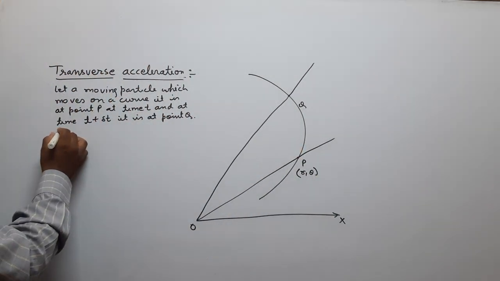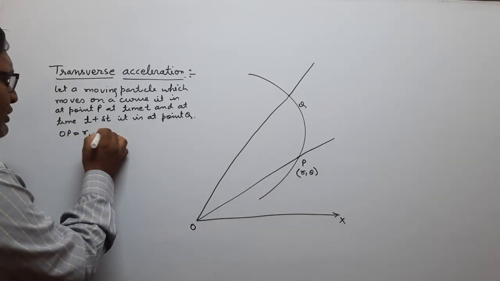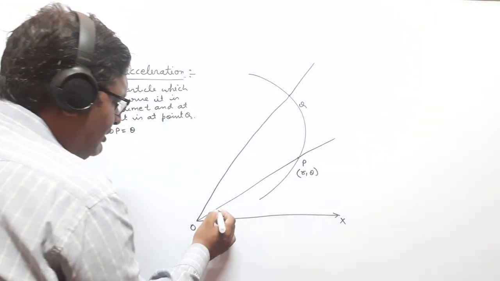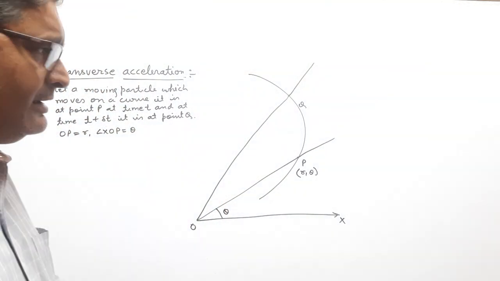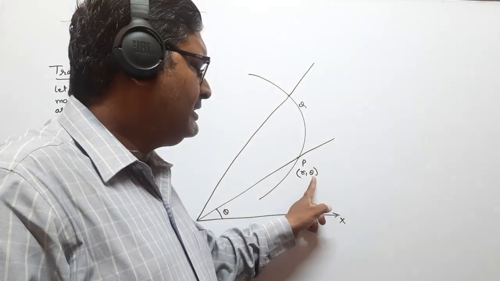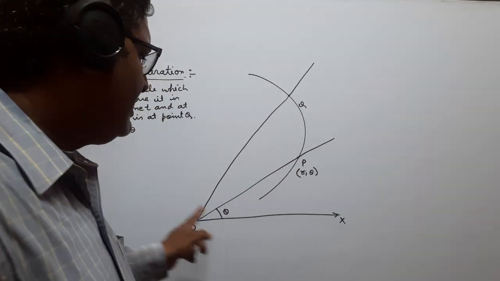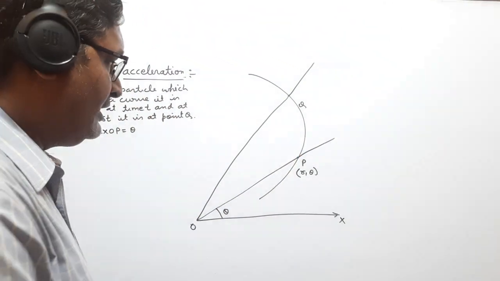So the radius vector OP is equal to small r and the vectorial angle XOP is equal to theta.